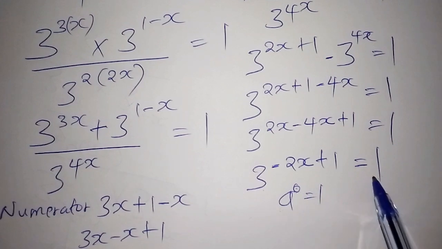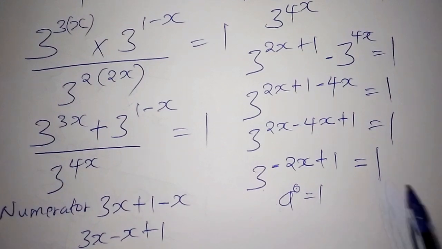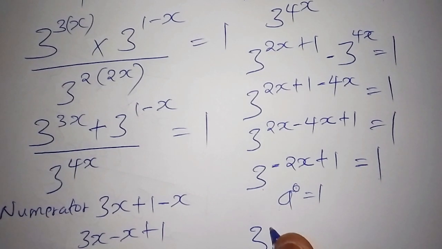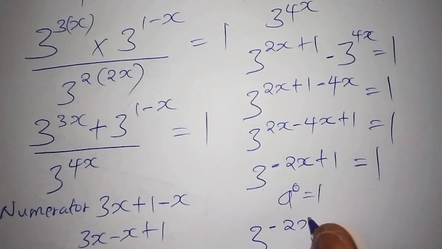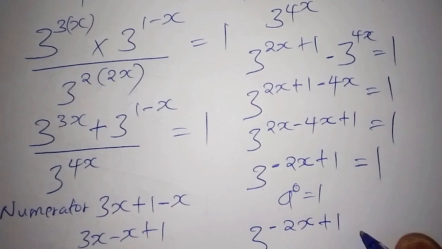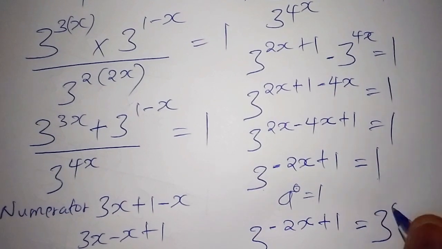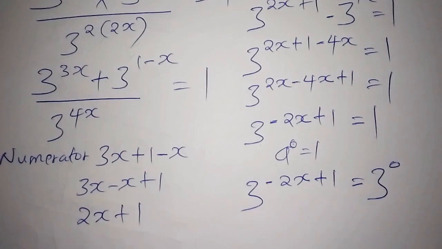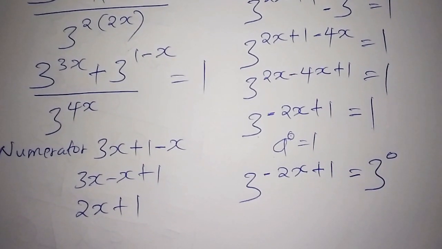So in this case now 3 to the power of 0 shall be 1. So here now we shall have 3 to the power of negative 2x plus 1 is equals to 3 to the power of 0. Because 3 to the power 0 is automatically 1.